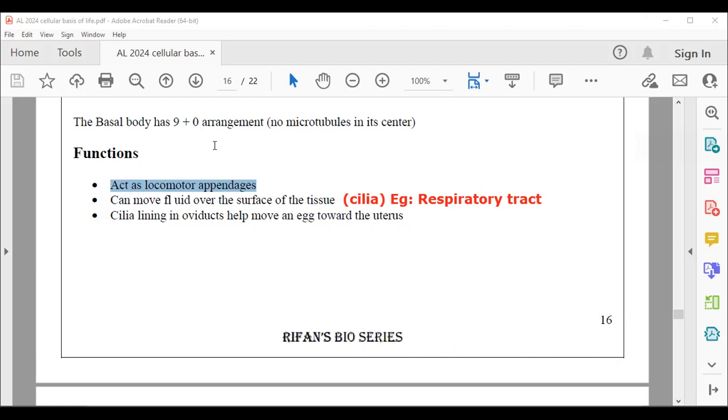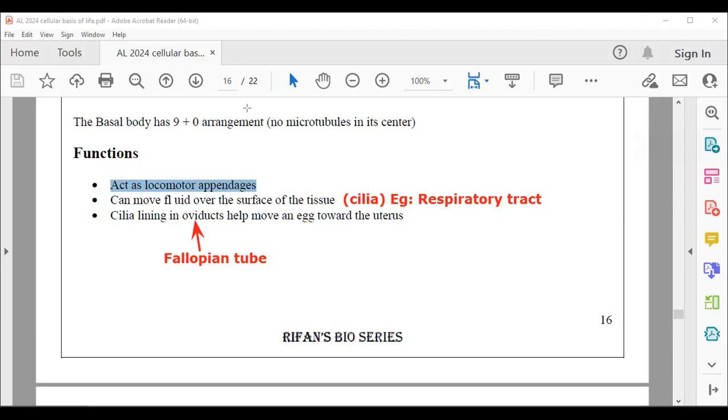Cilia lining the oviduct. Oviduct is another word for fallopian tube. Do you know the fallopian tube? Yes, sir. It is also called by the name oviduct. From the ovary, an egg is released. Unlike sperm, the egg has no self movement.